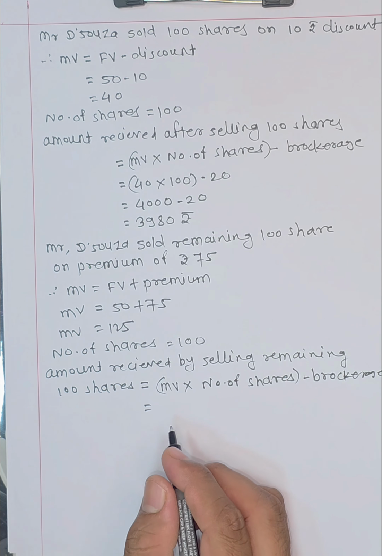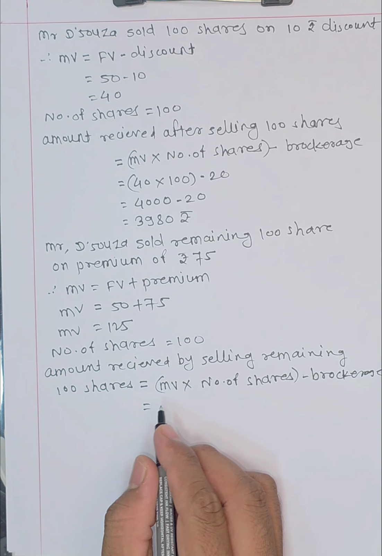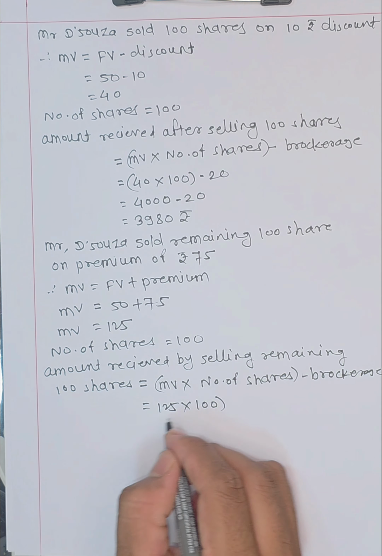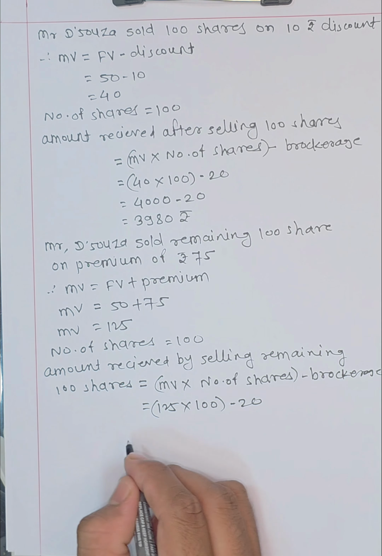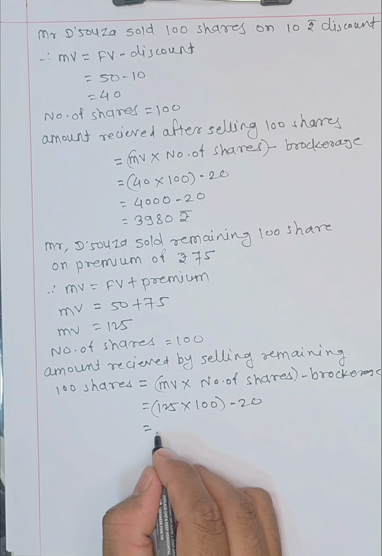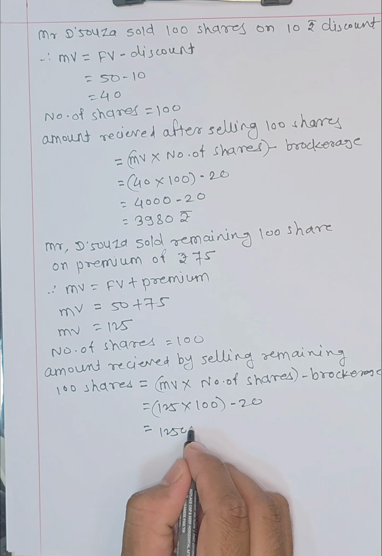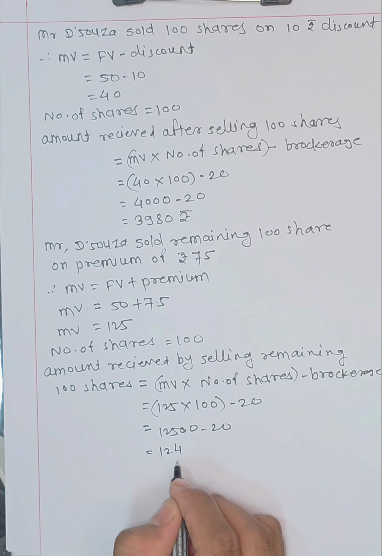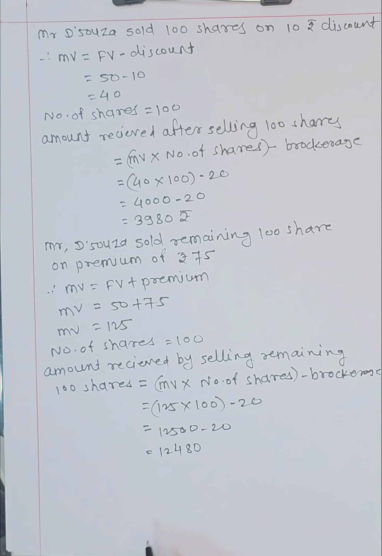It's equal to market value, which is 125 now, into 100 minus 20, then 12,500 minus 20 equals 12,480 rupees.